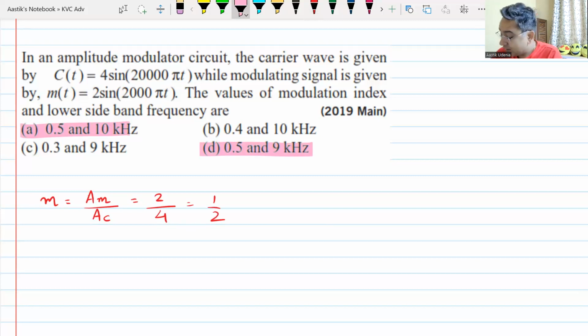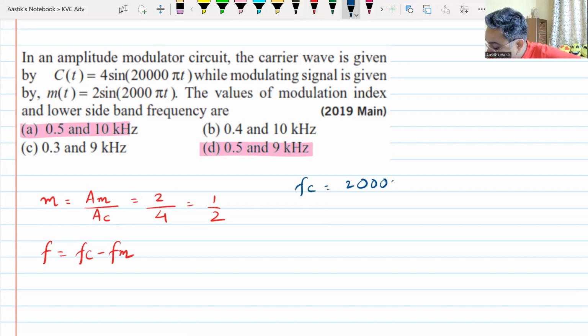You have to find out the lower sideband. The lower sideband will be equal to FC minus FM, yes or no? Yes, sir. Now here, what is FC and what is FM? FC is 20,000 omega divided by 2 pi.